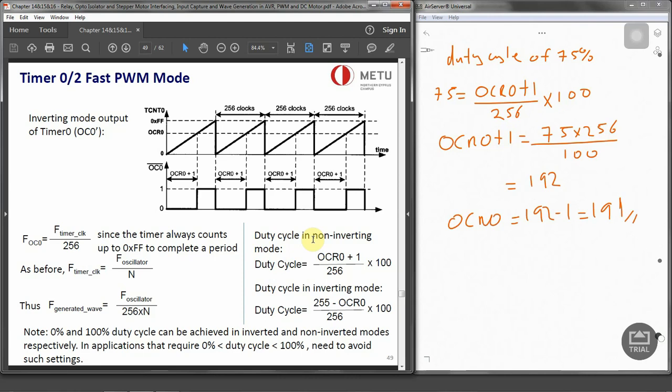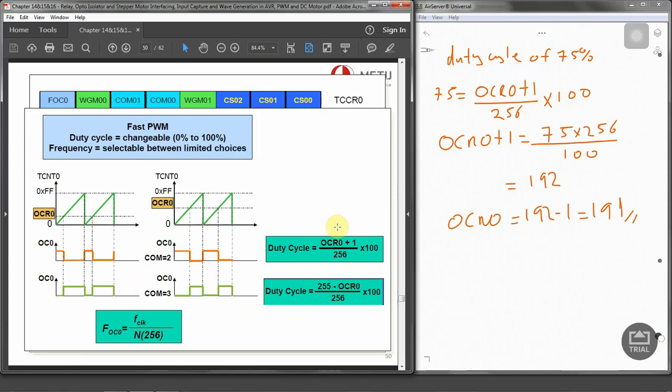This is how we can use these equations to calculate the OCR values, the duty cycles, or the frequency of the wave generated. As we carry on, in the fast PWM, as I already described, OCR can be lower, and we will have the non-inverting and inverting modes.